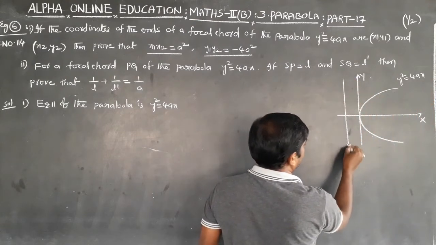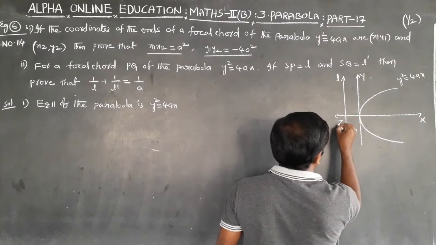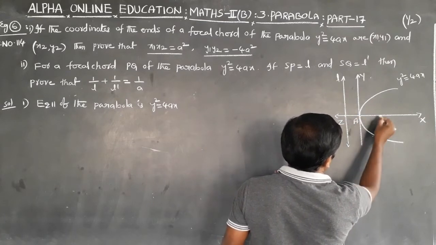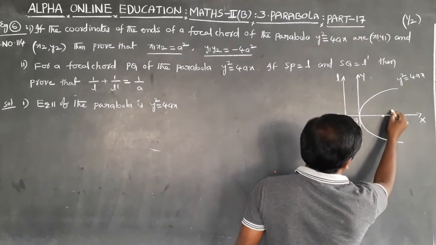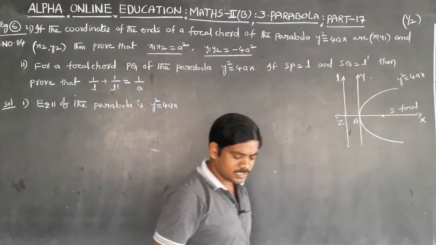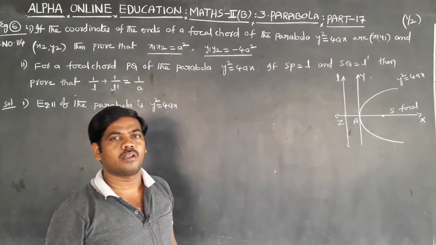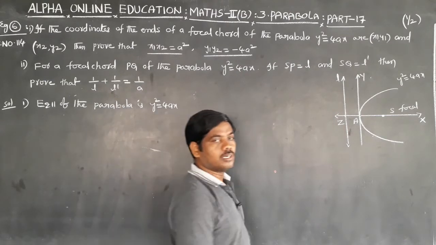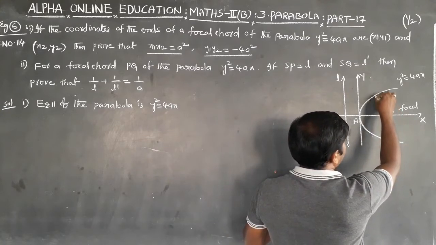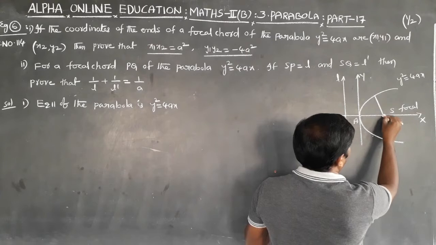This is the directrix l, this is Z, this is the vertex A, this is the focus S. A chord passing through the focus of the parabola is called a focal chord. This is the focal chord.